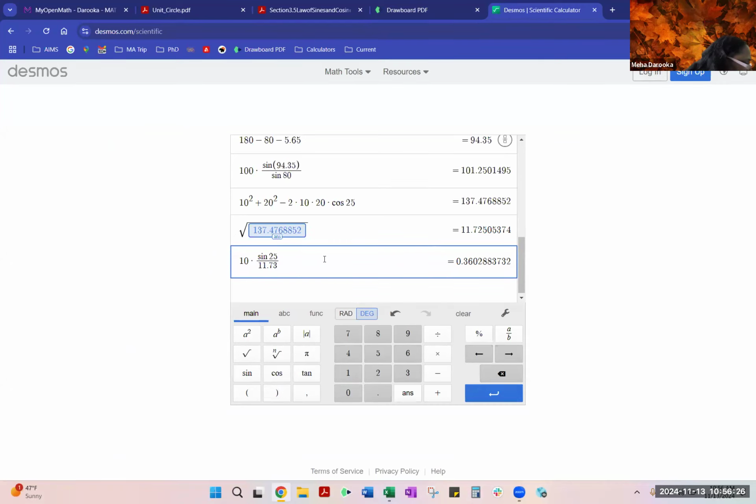Did I not do that correctly? Why am I getting a decimal answer there?